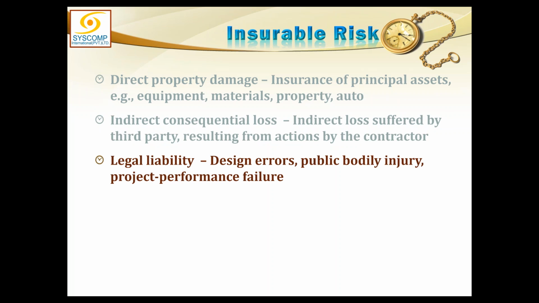The third kind of insurance is for legal liability. While you are negotiating the contract, you will try your level best that the contract is in your favor, but it is very much possible that some of the clauses of the contract can be misinterpreted by the other party, and you cannot prove it otherwise, and they will impose certain penalties on you that are much more than what you have expected.